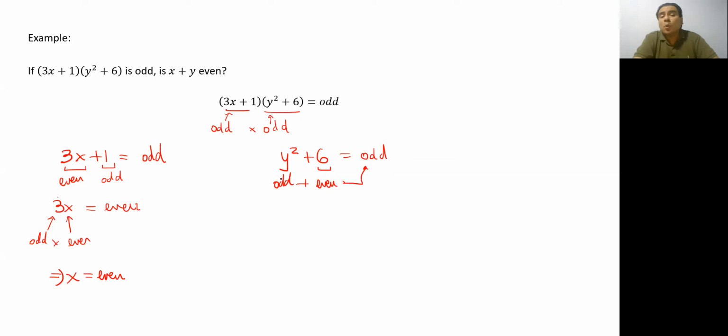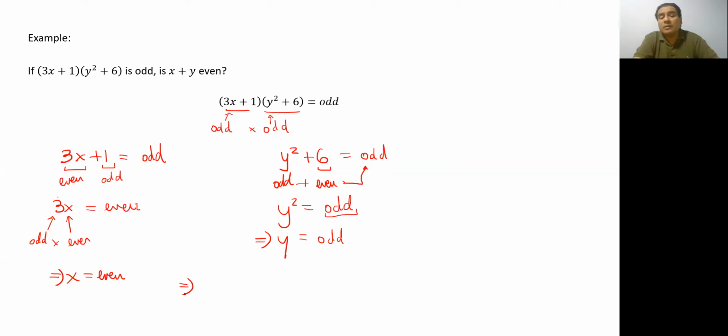So, that means y squared should be an odd power, but this could only mean that y is an odd base, because powers keep the same odd or even value as the base.